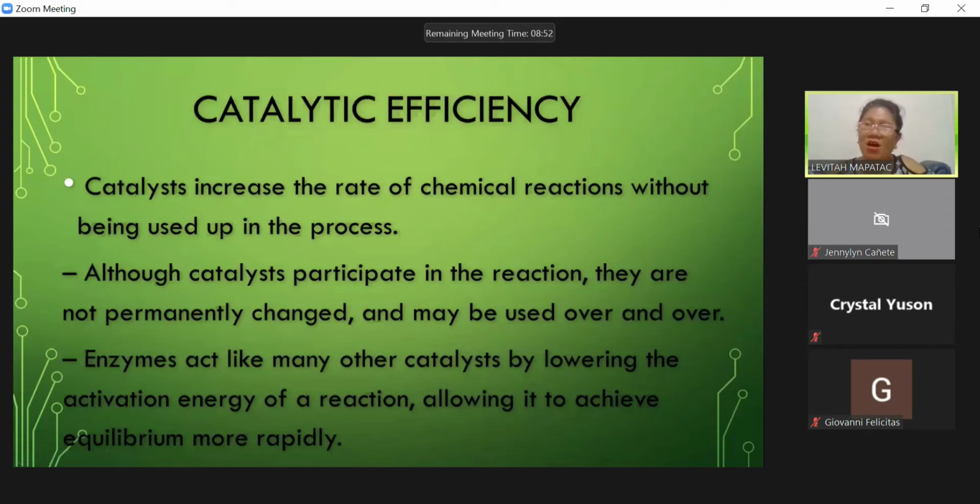So, this will only speed up the reaction, but it will not interfere in the reaction. No? That is a catalyst. An enzyme also acts like many other catalysts by lowering the energy of activation.